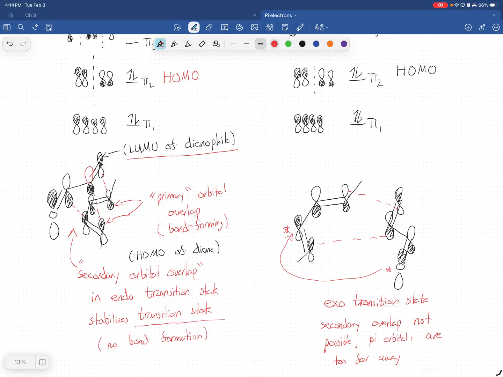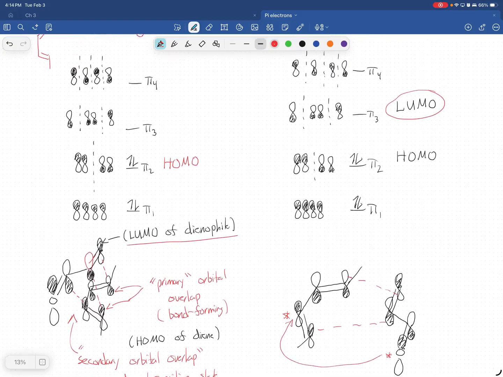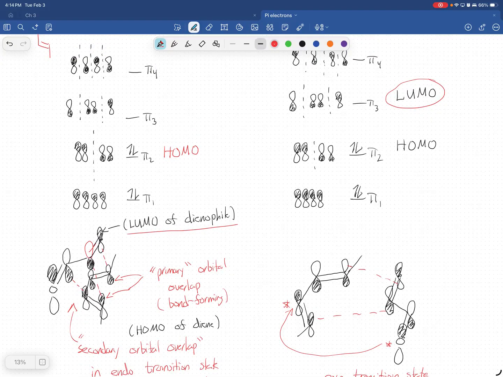Now, sometimes the diene will have just one pi electron or two pi electrons, so sometimes the levels can differ. But in this case, it looks like the same molecular orbitals, but we're using the LUMO of the dienophile. So that's the empty orbital. It's lower in energy because of the electronegative atoms.